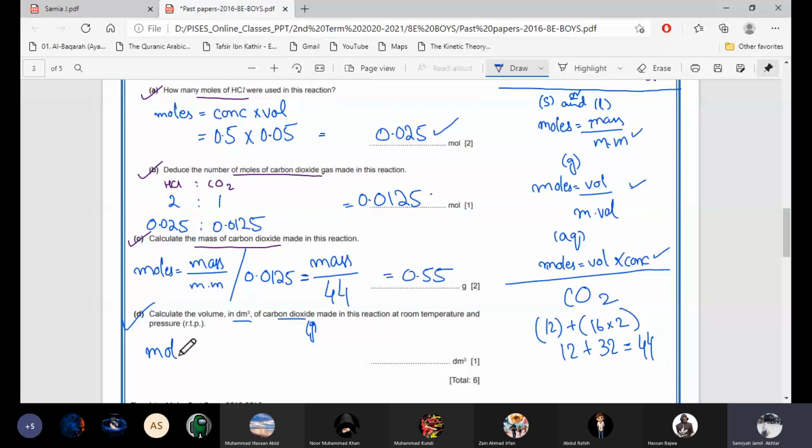The formula is moles is equal to volume divided by molar volume. Moles of carbon dioxide 0.0125 is equal to volume we have to find, divided by 24. So the answer is, when we take it on this side, we'll multiply. 0.3.